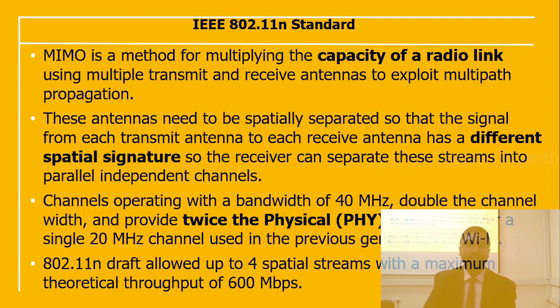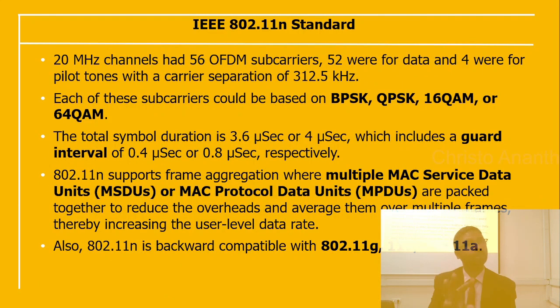A 20 MHz channel will have 56 OFDM subcarriers: 52 for data, 4 for pilot tones, with a carrier separation of 312.5 kilohertz. 802.11n supports frame aggregation, where multiple MAC service data units (MSDU) or MAC protocol data units (MPDU) are packed together to reduce the overhead and average it across multiple frames, thereby increasing the user level data rate.